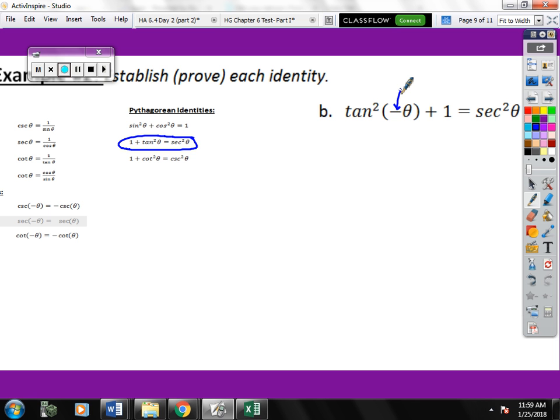So you'd be using this formula that's off my board that says tangent of a negative angle equals negative tangent of a positive angle. So you take that negative, you pull it out front, it becomes like a negative 1 times tangent theta. You want to think of it like that. You still have to square that whole thing though.